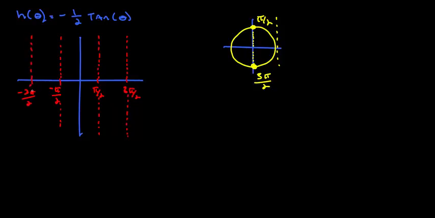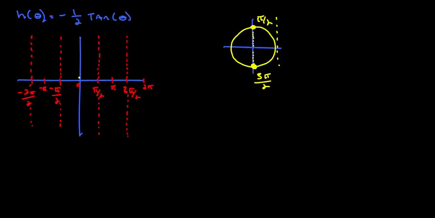You want to go ahead and put negative 3 pi over 2 and those guys in. So this guy's at 0, so here is pi, here is 2 pi. This is 0, this is negative pi, so on and so forth.